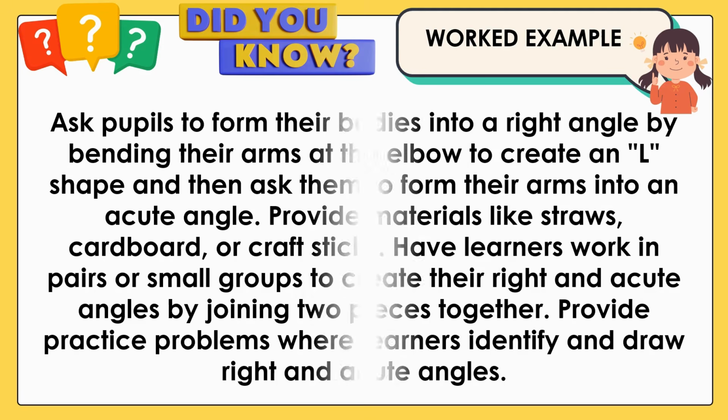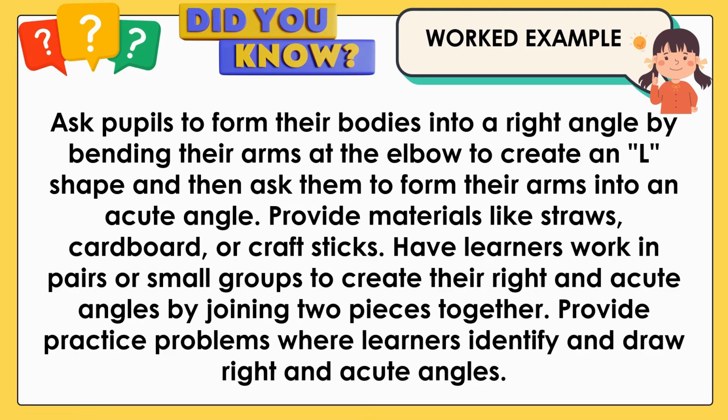So this time, let's have this. Ask pupils to form their bodies into a right angle by bending their arms at the elbow to create an L shape, and then ask them to form their arms into an acute angle.